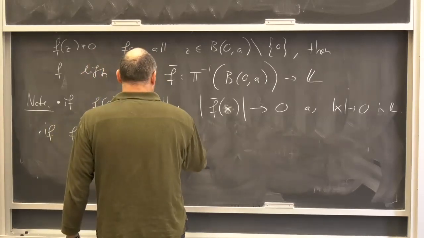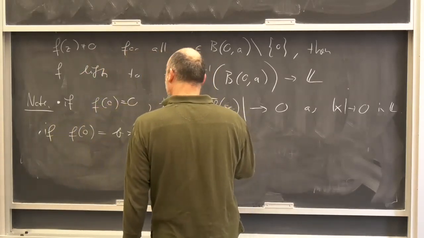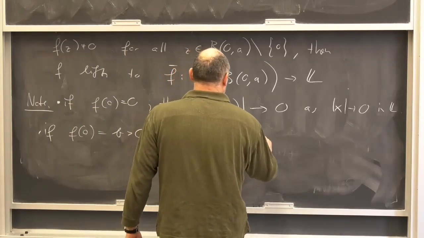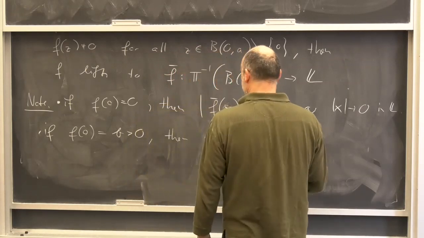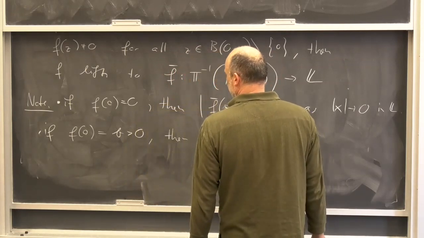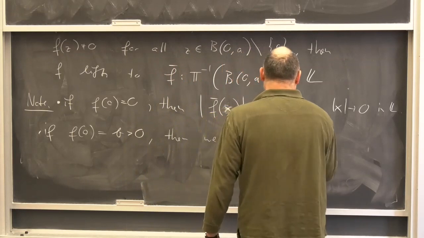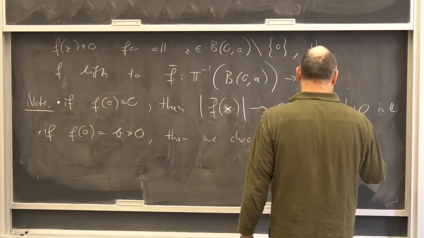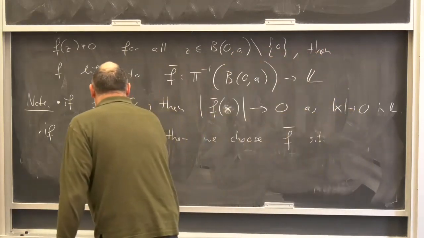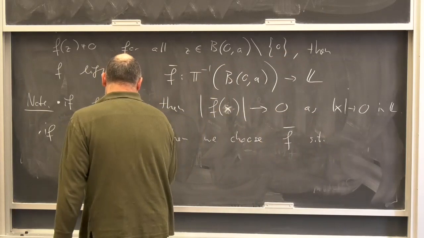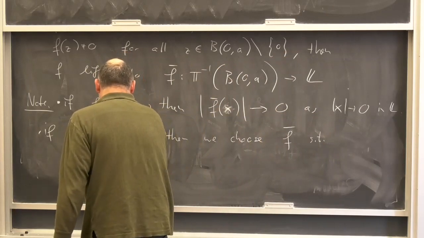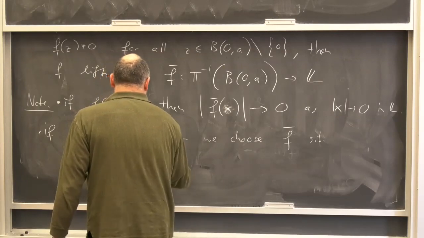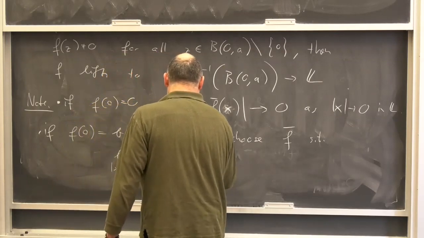So then we choose f bar such that the limit as modulus of x approaches 0 of f bar of x is equal to the point (b, 0).